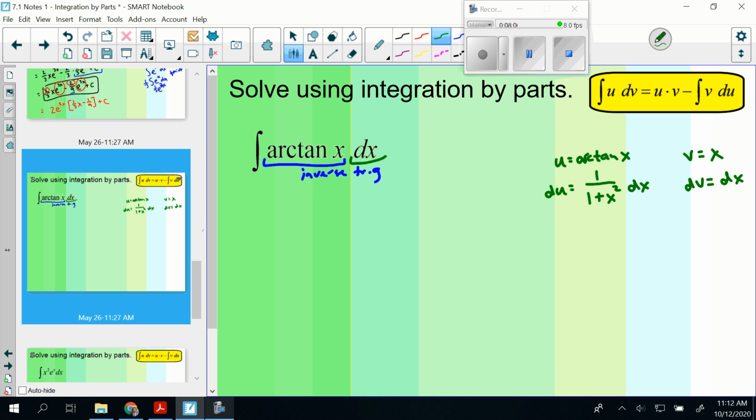All right, so now if we put it into our integration by parts formula, we have u, which is our arctangent, times our v, which is x, minus the integral of v, which is our x again, du, which is all this stuff.